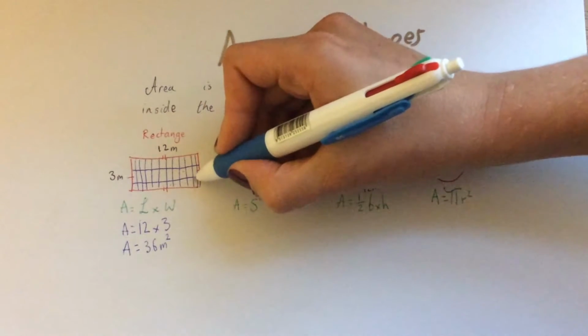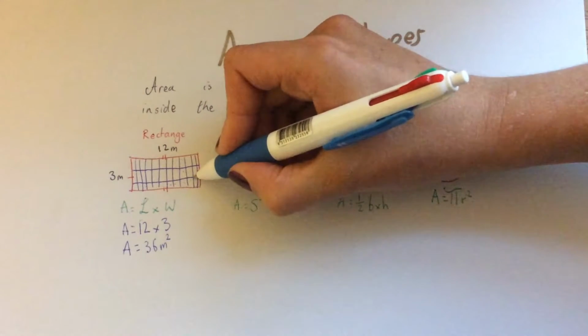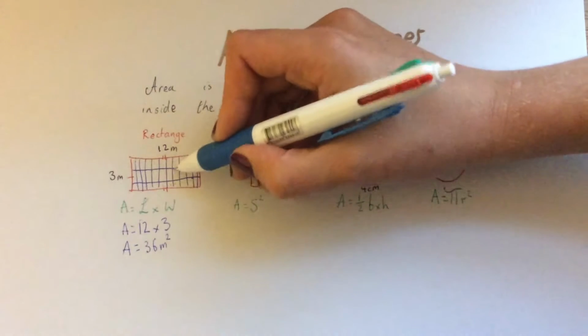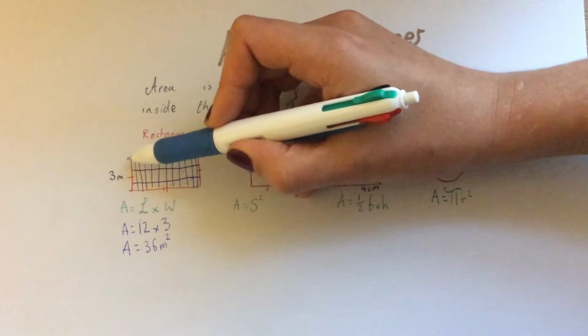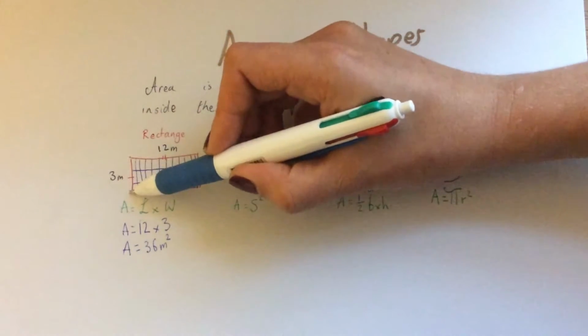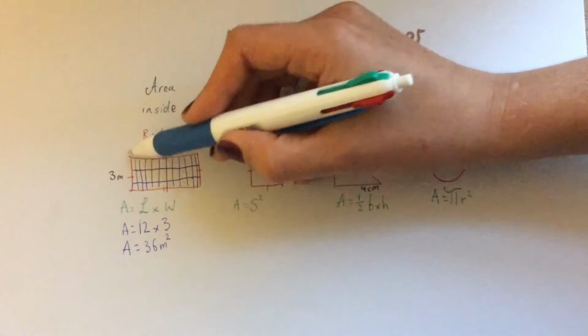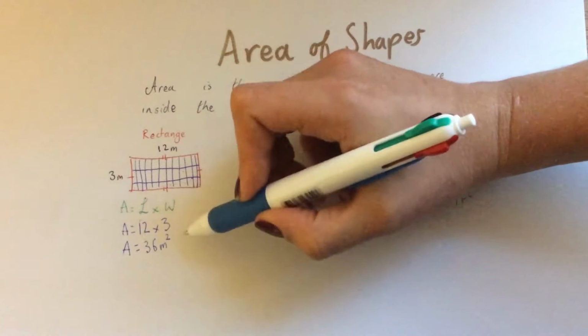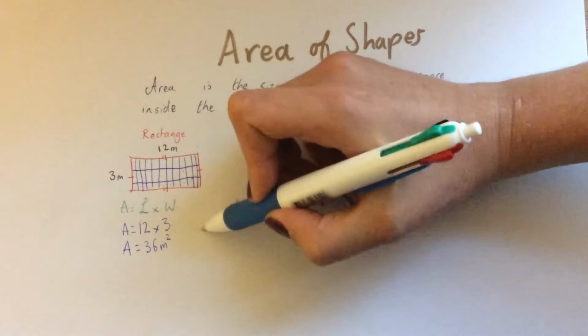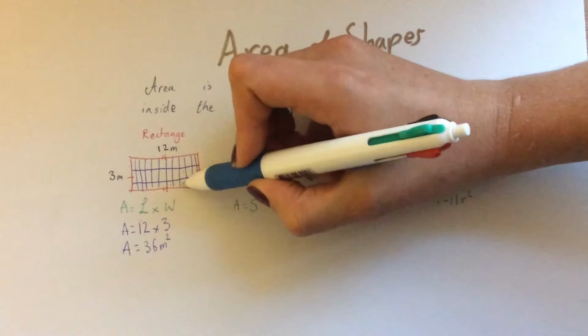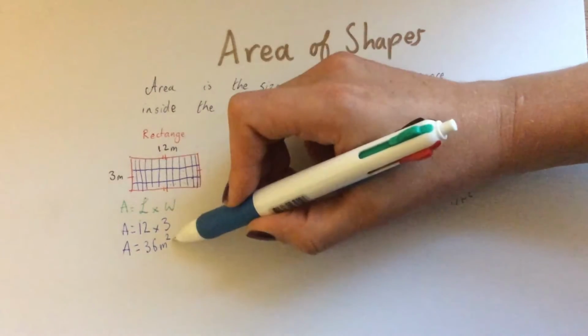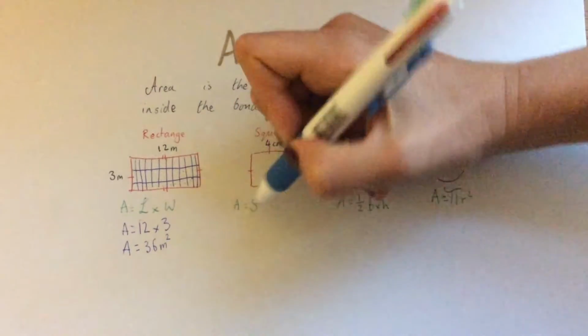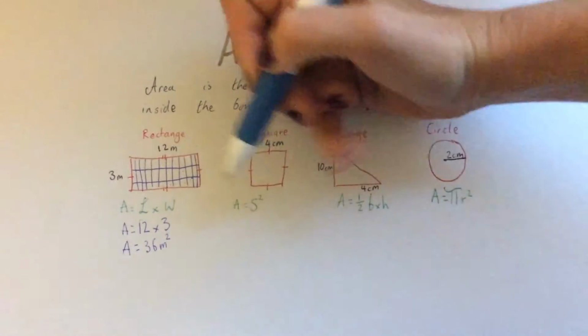So it's 36 square meters that would fit inside a rectangle that has a width of 3 meters and a length of 12 meters. So that's what that's talking about. It would be 1 meter, 1 meter, 1 meter, 1 meter, and there would be 36 square meters inside this rectangle.